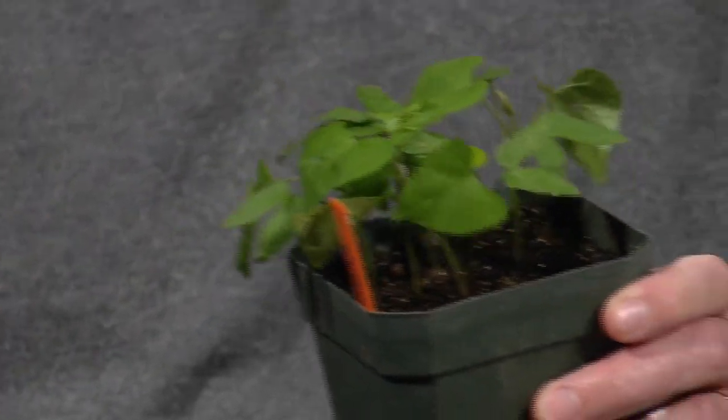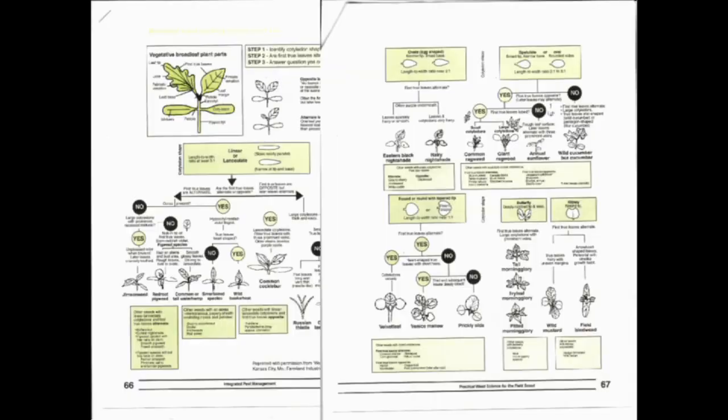If we could go back to that broadleaf key now, let's think about what that cotyledon looked like, and go back to the previous slide. If we look at that cotyledon key, we're going to go to page 67, and in the lower right-hand quadrant you'll see what we call butterfly-shaped cotyledons, and that's what this morning glory has.